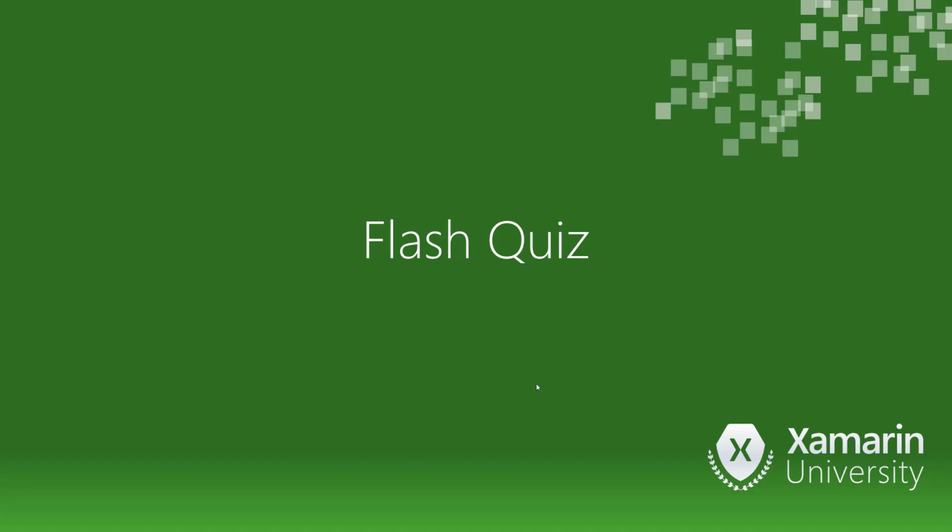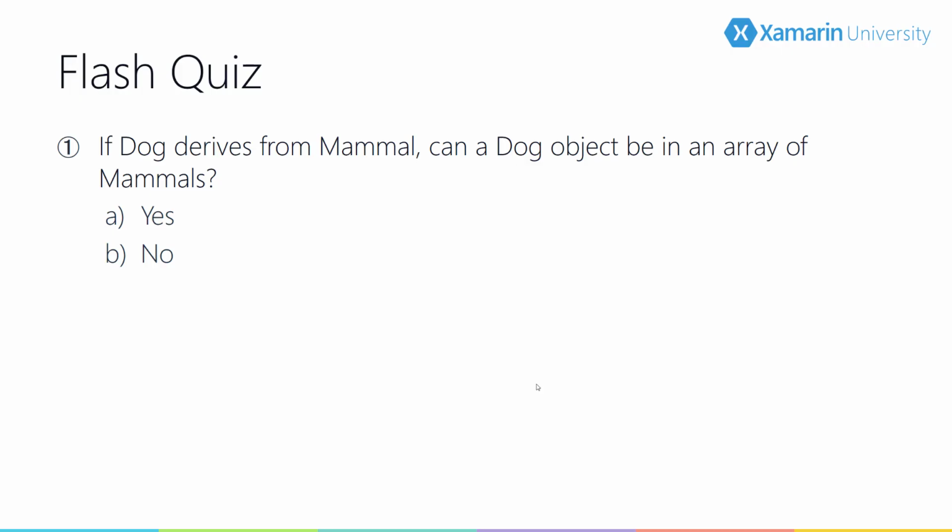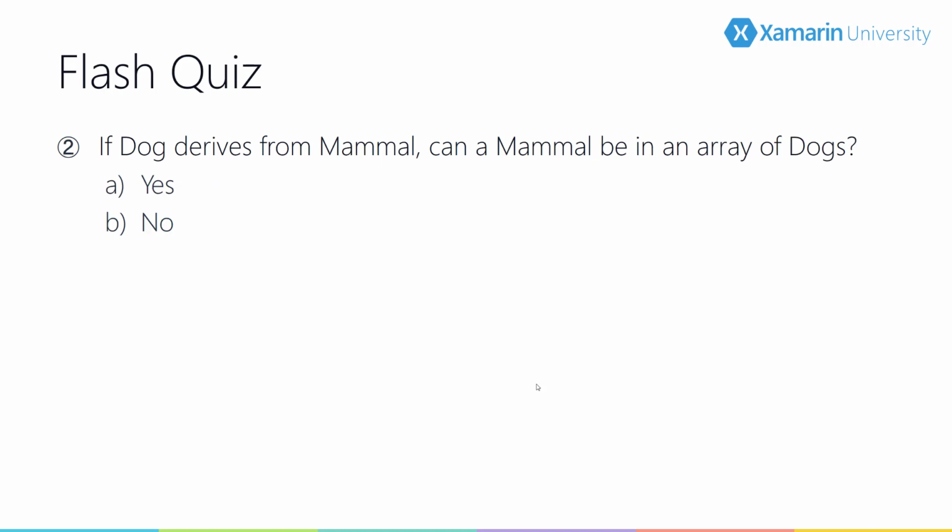Alright, let's do another flash quiz. Number 1. If dog derives from mammal, can a dog object be in an array of mammals? And the answer here is yes, it definitely can. Number 2, if dog derives from mammal, can a mammal be in an array of dogs?